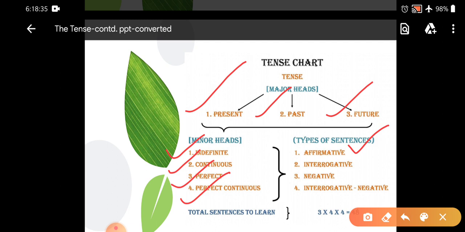Affirmative sentences are those whose answer is yes. These are positive statements. Then we have interrogatives, the question sentences, and then we have the negative sentences, and then we have interrogative negative, which asks a negative question.